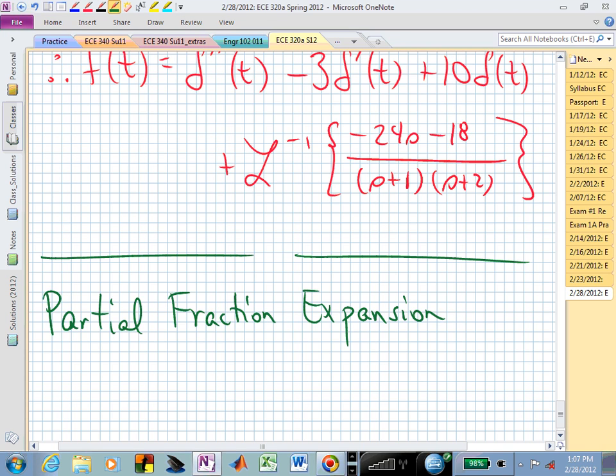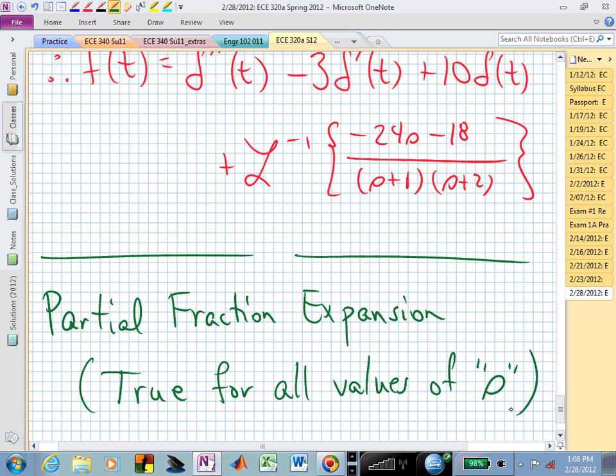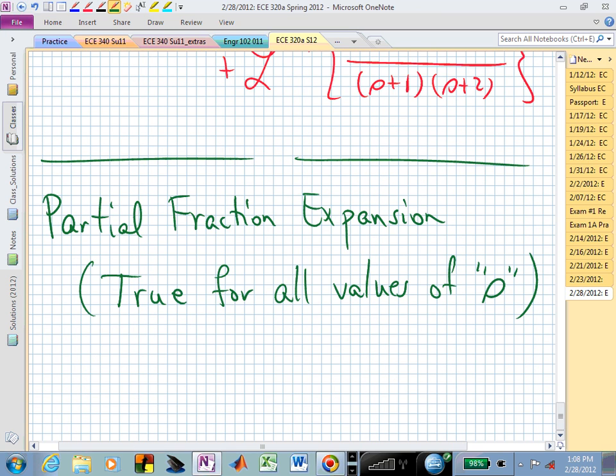And the partial fraction expansion, one thing to keep in mind is that that expression is true or valid for all values of the complex frequency variable s. And that will make sense maybe when we start evaluating or trying to find the partial fraction expansion coefficients. Let's look at some cases.